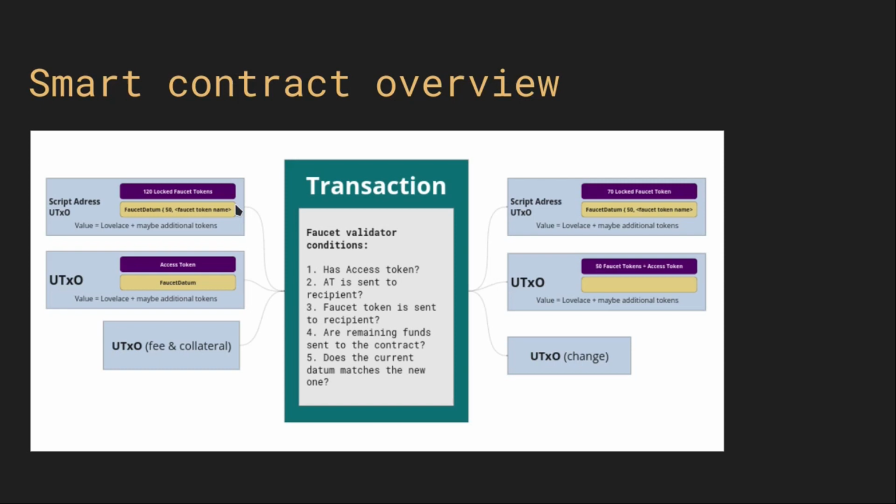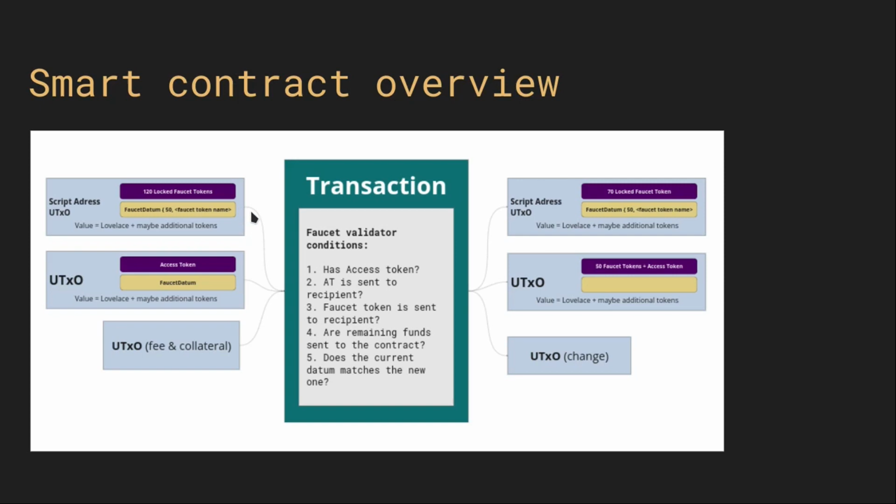Now I'm going to digress a little bit and think of another validator that explains a little more why the datum serves as state. A good example is a similar faucet validator, but with a counter.